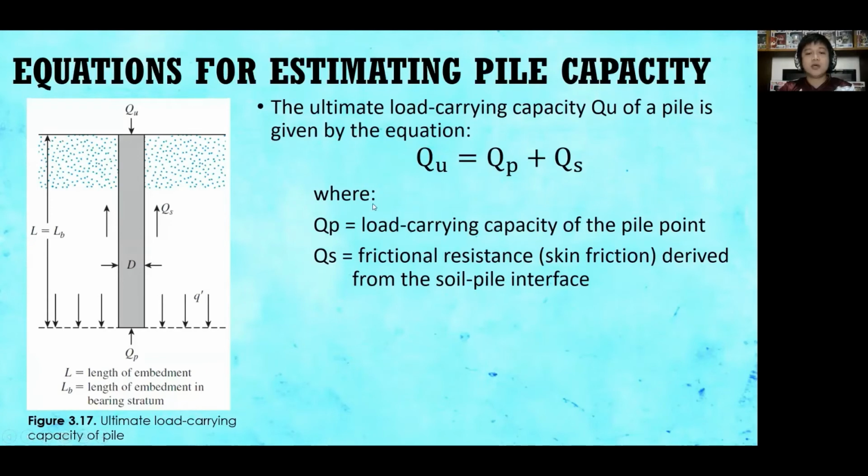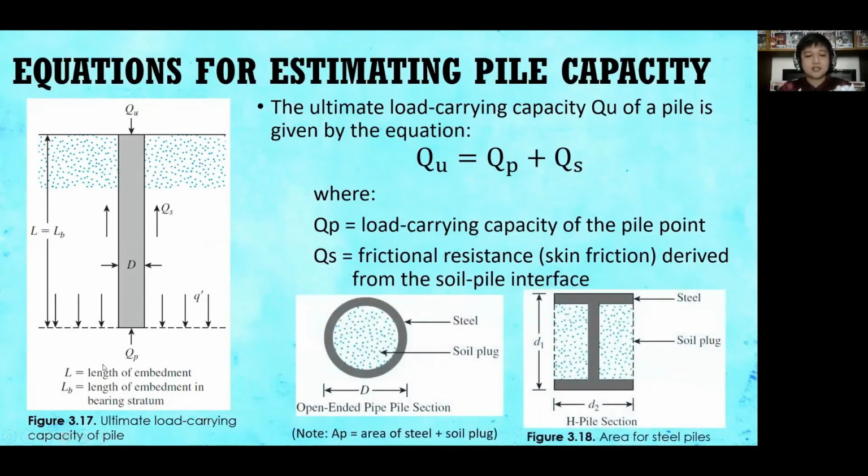Again, this is the point bearing, or the bearing capacity of the soil which is directly in contact with the base of the pile, plus QS. QS is the frictional resistance or the skin friction derived from the soil-pile interface, or the friction between the side of the pile and the soil. So this is our QS, and at the tip is our QP.